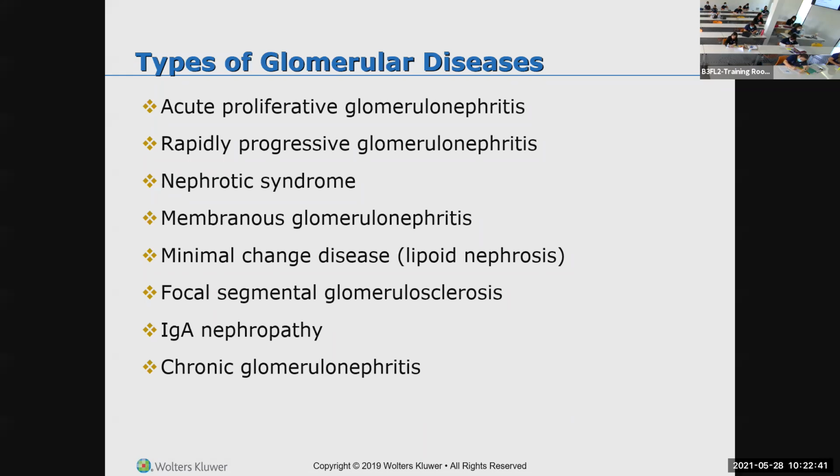And also, looking at those kids, the face looks very puffy. The face is swollen. That is because they are losing protein, giving edema of the face and the body, nephrotic syndrome. Please remember.